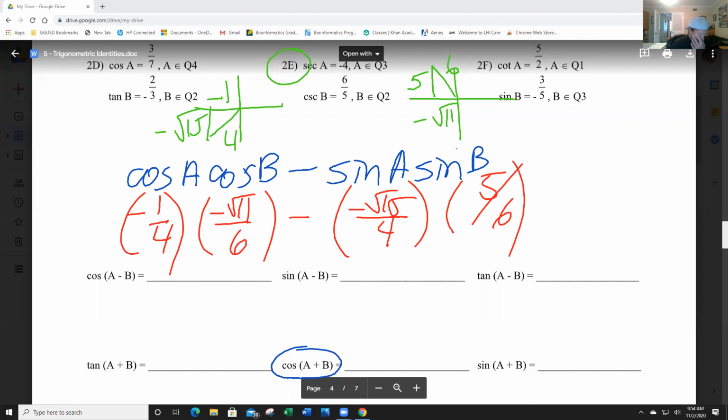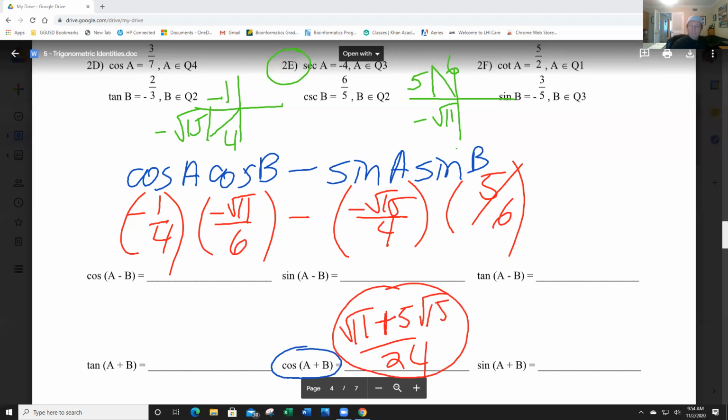You can see that the common denominator is 24. So that's pretty easy, and it really runs together pretty well. You have radical 11 on the left side, and you've got a couple of negatives, so it's plus 5 radical 15 over 24. Okay. So there's 2 done.